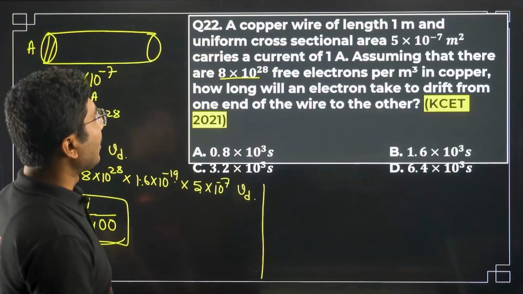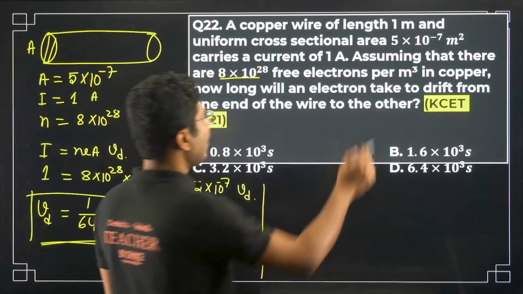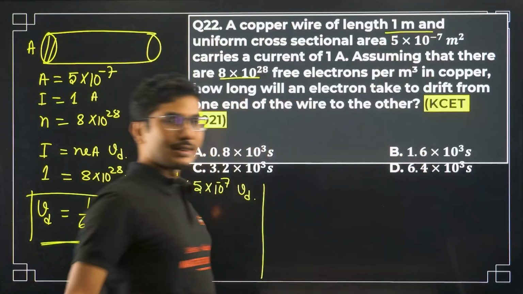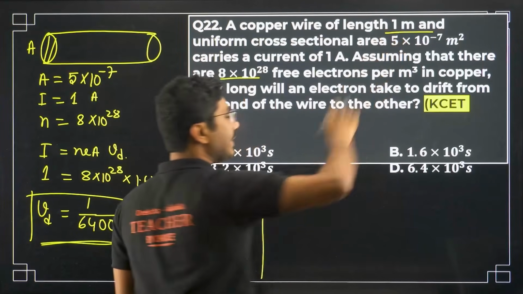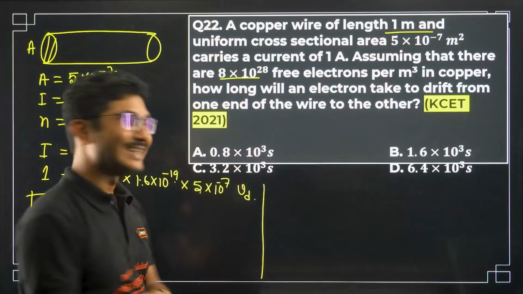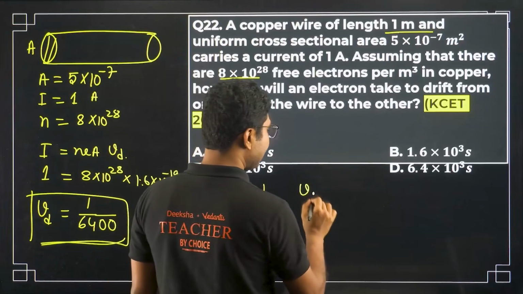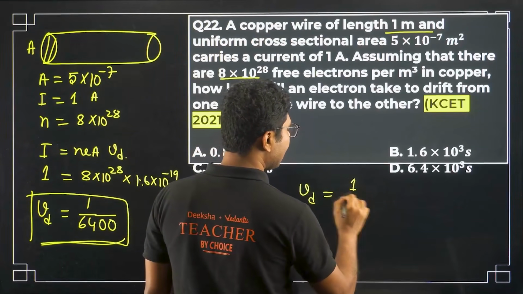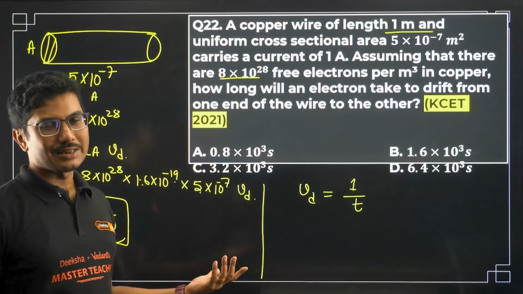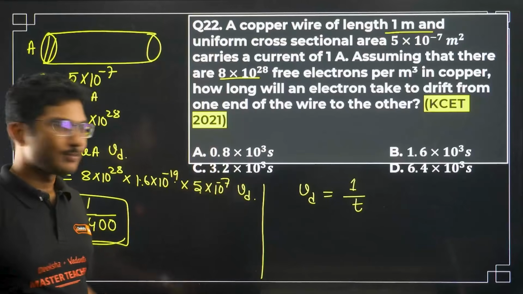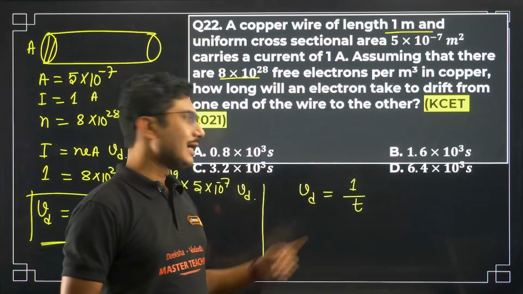Now the length of the wire is given as 1 meter. So if the time taken by it to reach from one side to another is t seconds, then drift velocity will be 1 meter divided by t seconds. Velocity is distance traveled by time. So distance traveled is 1 meter, time is t.